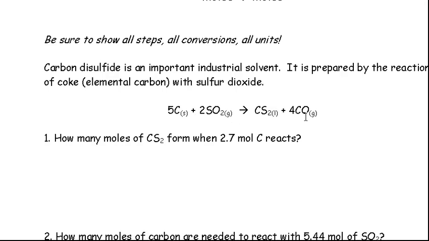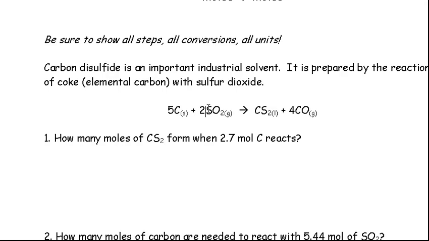Okay, so one little difference in this question is that it's not explicitly telling you whether or not you have an excess of sulfur dioxide. It's telling you you have 2.7 moles of carbon, but it's not saying anything about whether you have a sufficient amount of sulfur dioxide. When it's not explicitly mentioned, you can assume that the other reactant is present in excess.